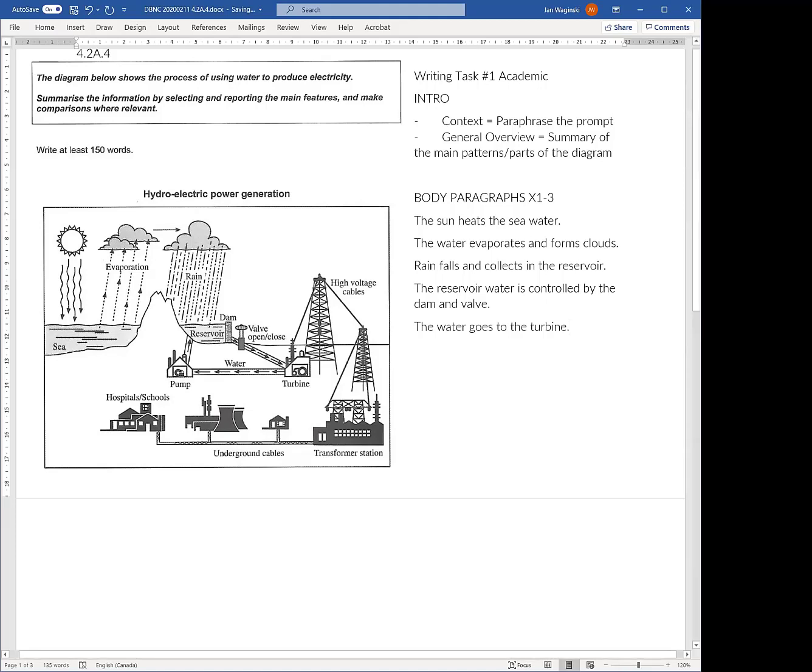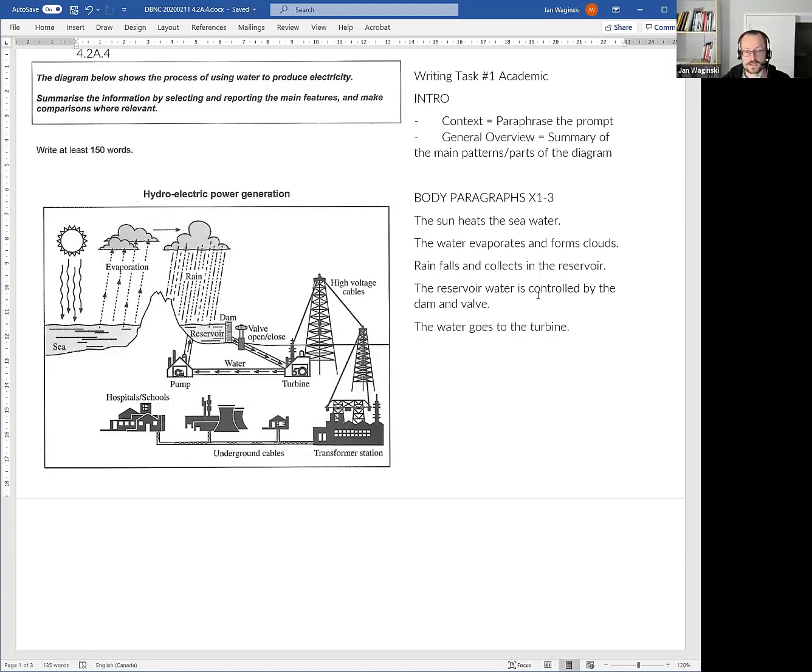Narisa? I need to follow the water or follow the electricity. Well, it says the water goes to the turbine, so what's the next step? What does the turbine do?